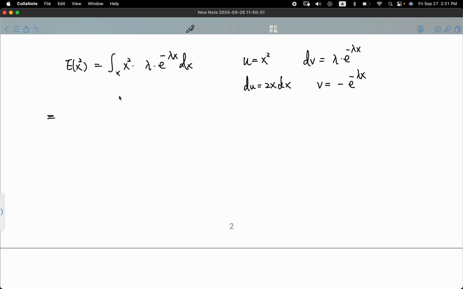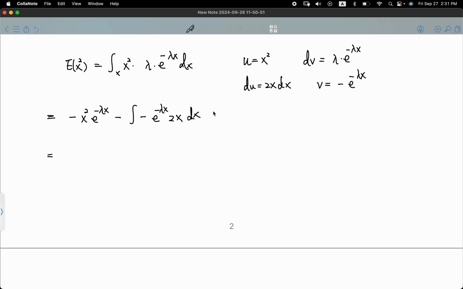Okay, so now we're going to use these 4 terms to calculate this integral. So uv is negative x squared e to the negative lambda x, minus the integral of v du. So v is negative e to the negative lambda x, and du is just 2x dx.